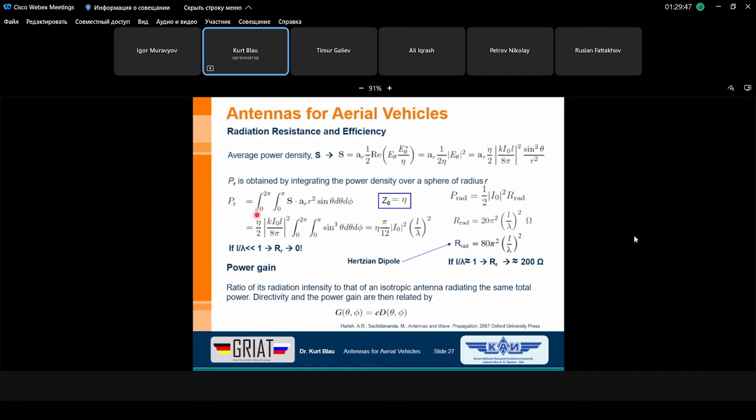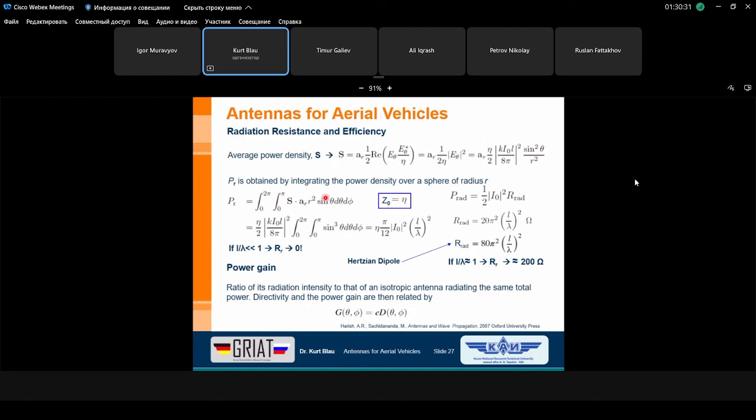The integration part for one angle is 2 pi, 360 degrees, and for the other only the upper hemisphere, because it's the same as the lower hemisphere. You can see here our power density, then the radius vector, and these two angles we have to integrate: theta and phi, meaning the azimuth, around the azimuth, and a part regarding the elevation, the upper hemisphere.